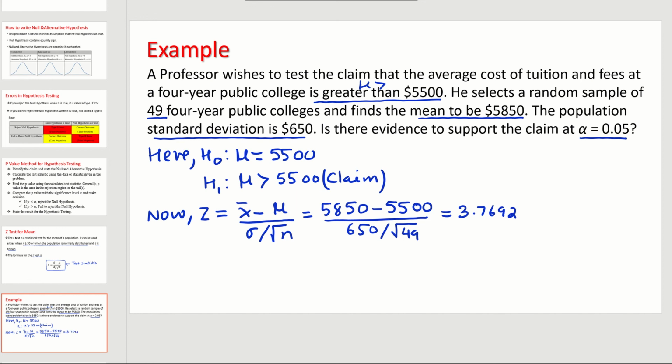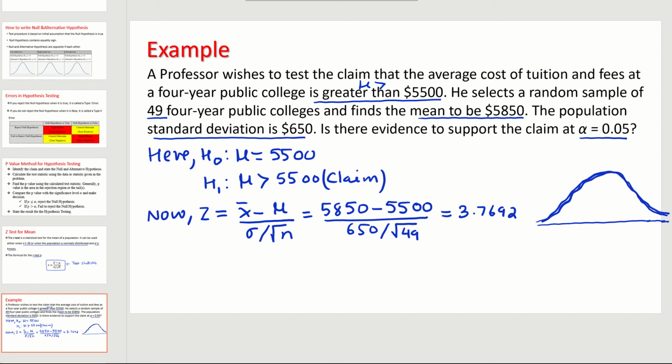And after we get the test value, we are going to find the p-value. For the p-value, we know that the standard deviation for the population is given, and the sample size is 49. That means the sampling distribution will be normally distributed. So if I draw the normal curve like this, okay, this is not looking beautiful, but that's my normal curve.